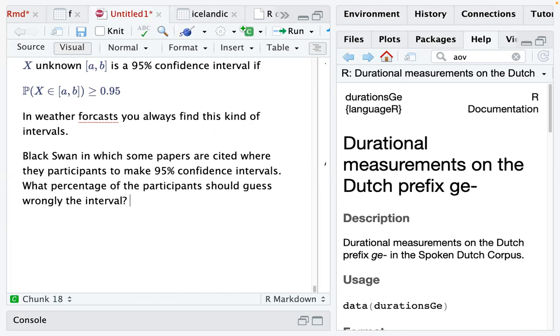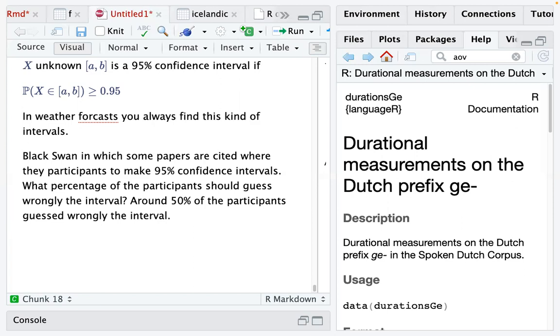But the results were that around 50% of participants guessed the interval wrongly.